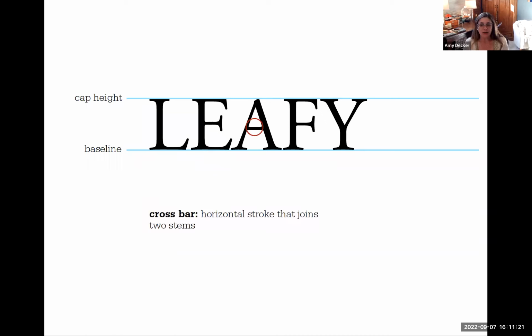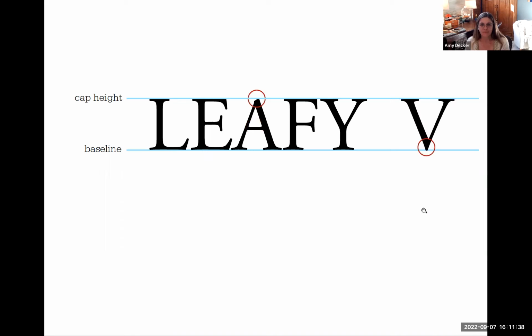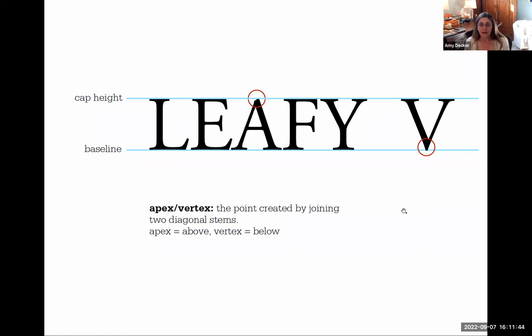Okay, we have a crossbar on an A, a horizontal stroke that joins two stems. Who could tell me what other letter will have a crossbar besides an A? H, exactly. The A and the V have apex and vertex, the point created by joining two diagonal stems.